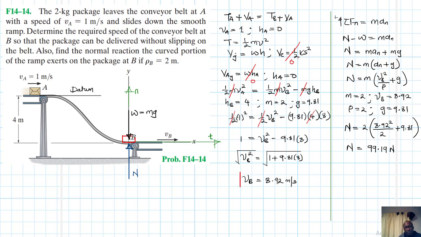We have found the speed at B, and we have also found the normal force at B.